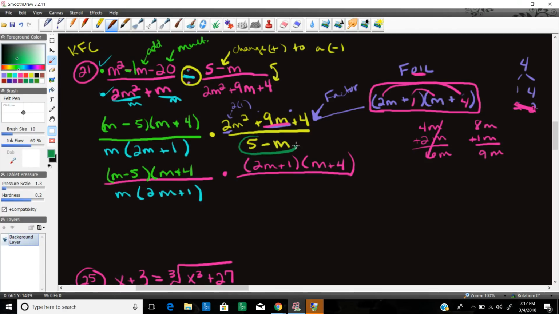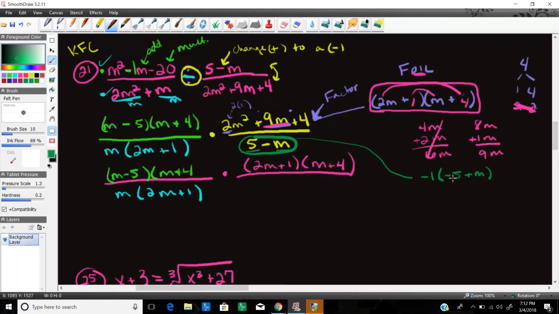Okay, and the last thing I'm going to be looking at for this problem finally is this 5 minus m. Okay, so 5 minus m, we learned a cool trick with this. Just a quick reminder, if I take a negative 1 out of here, so if I divide the 5 and the m by negative 1, the signs change. So I would have negative 5 plus m.